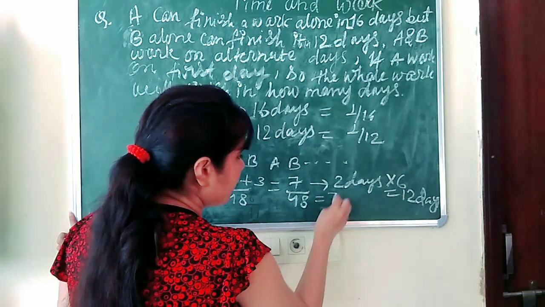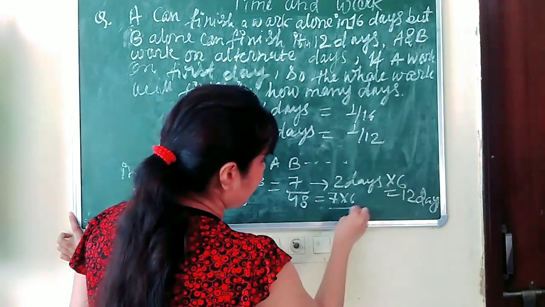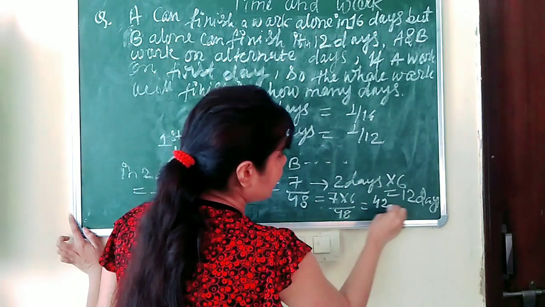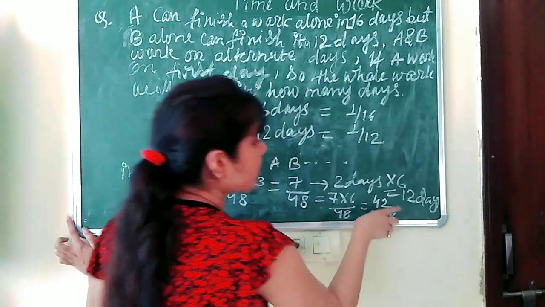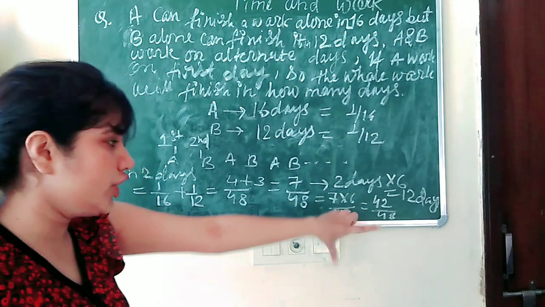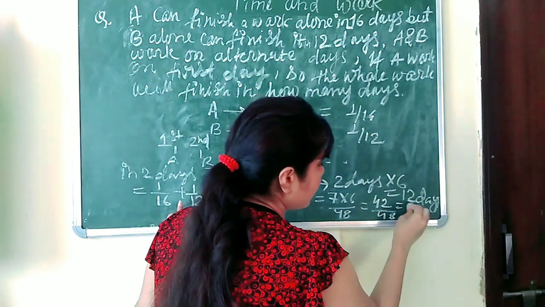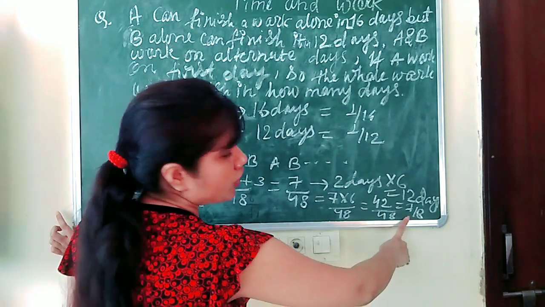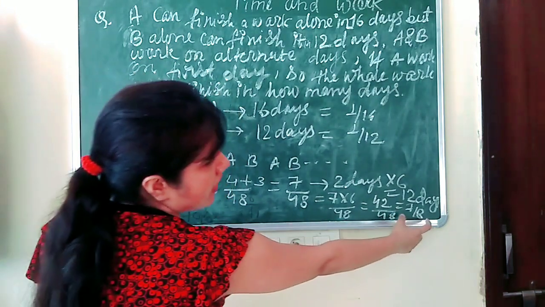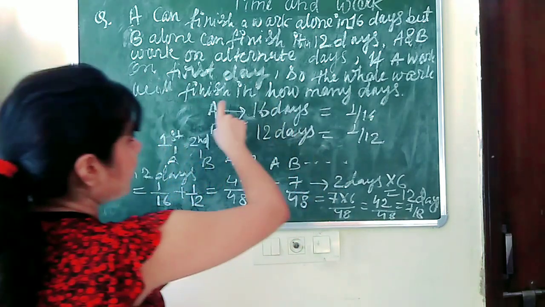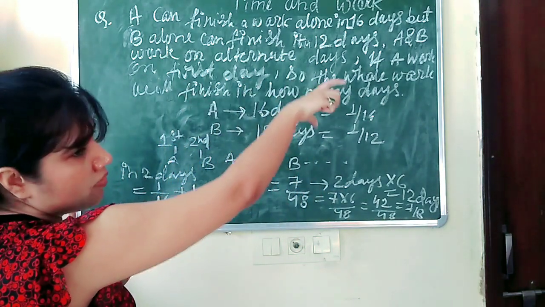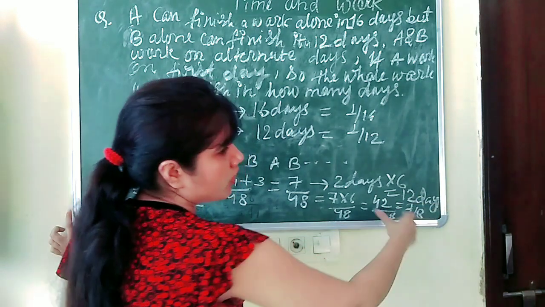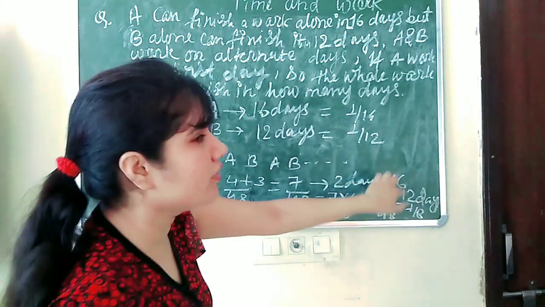So that will be 7 cross 6 upon 48, which is 42 by 48. So this is the total amount of work. If we reduce it, we will get 7 by 8. So this is the total amount of work done when A and B were working alternately in 12 days. This amount of work has taken 12 days to get finished.